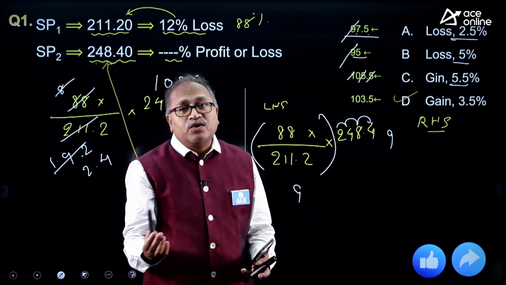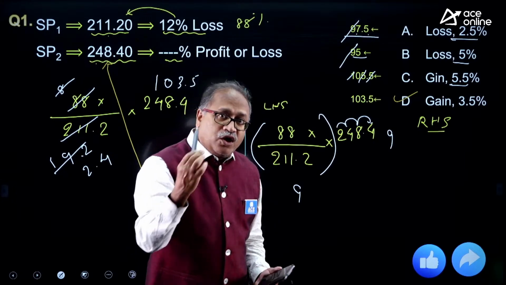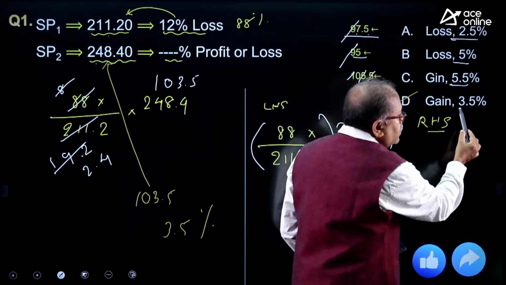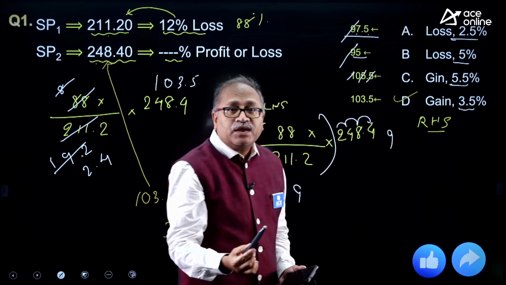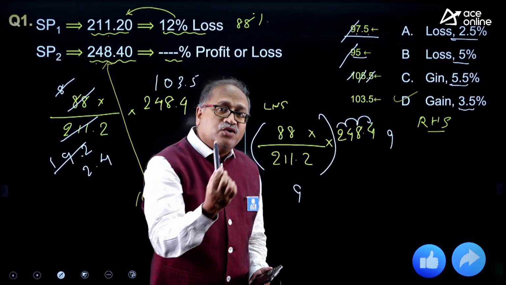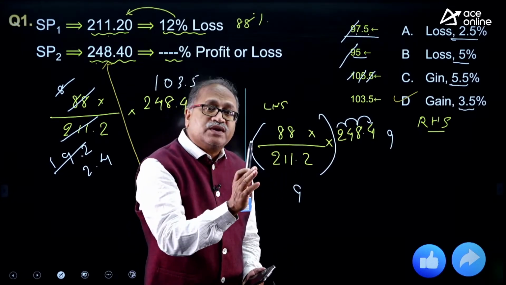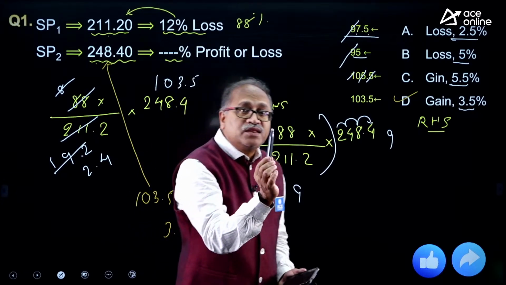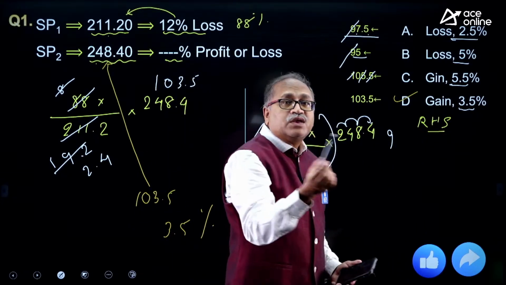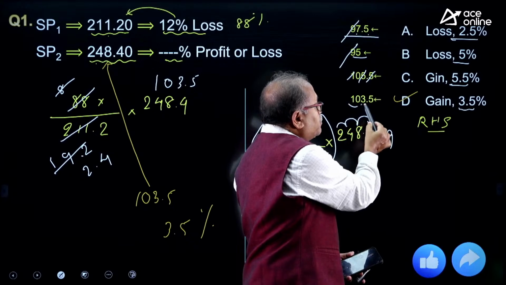So, you are left with no other option than D. Or else look at this one, when 3.5% is the profit, then what will be the overall selling price, what percentage of the cost price, when there is a profit of 3.5? So, 100 plus 3, 103.5.